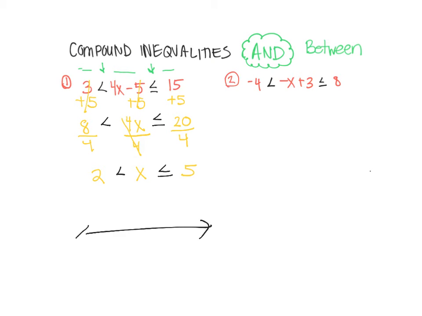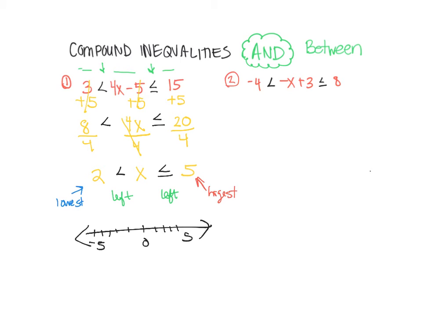Notice that a couple things should be true here. First, both of these inequality symbols are always pointing to the left. And if we look at this, this will always be my lowest number, and this will always be my highest number.